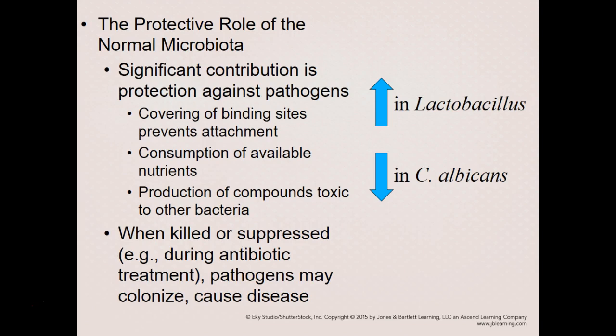It's only held in check by the lactobacillus. And so we need lactobacillus to control Candida. If we don't have it, then we're going to end up having severe yeast infection in either the vaginal or in the mouth or penile regions.